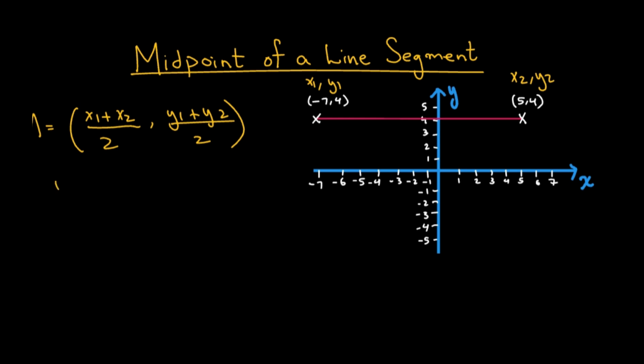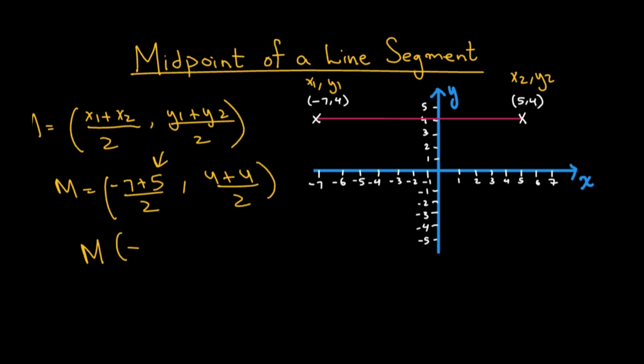So the midpoint will be (-7 plus 5) divided by 2, comma, (4 plus 4) divided by 2. So -7 plus 5 is -2 and -2 divided by 2 is -1. So -1, comma 4 plus 4 equals 8. 8 divided by 2 is 4.